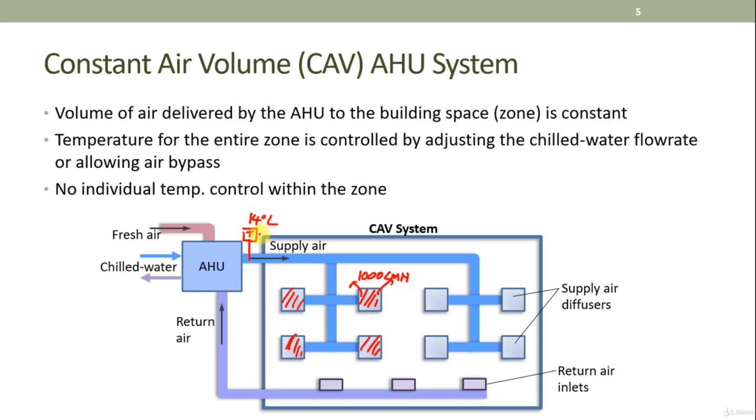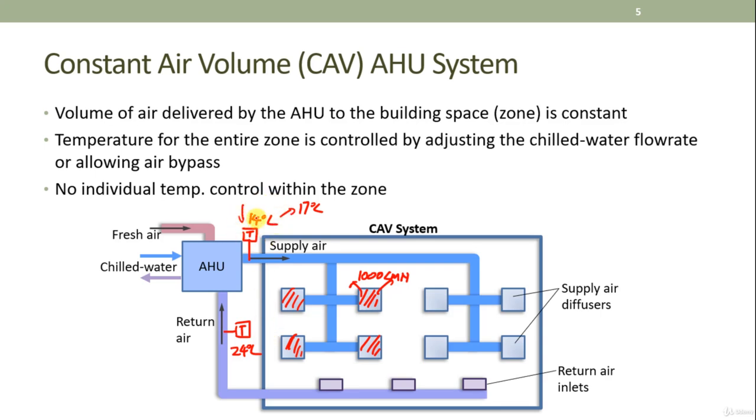We should try to supply air that is higher in temperature, so maybe instead of 14, it increases to 17 degrees Celsius. And if that is the case, then the return air temperature will be able to be maintained at the comfortable temperature of 24 or 25 degrees Celsius. So to adjust temperature inside the room, you will modulate the supply air temperature.